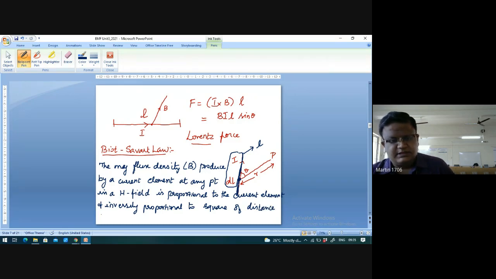So this is the statement given for the Biot-Savart law.